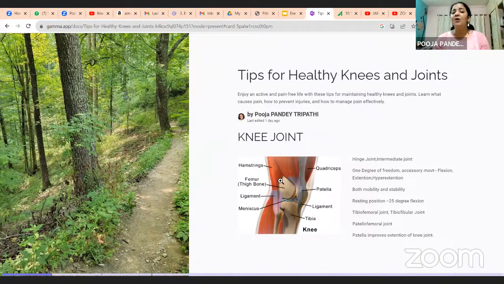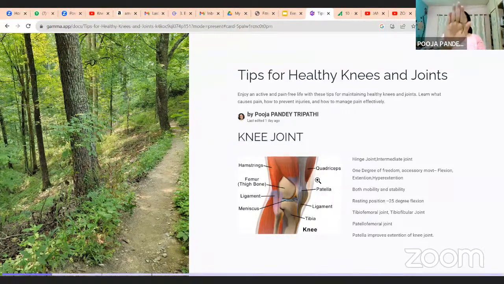Above is your femur bone, one thick, big bone which goes from the hip all the way to the knee. It is supported by a big, thick mass of muscles, your quadriceps, which help in extension of the knee.